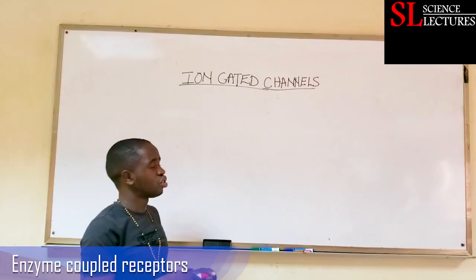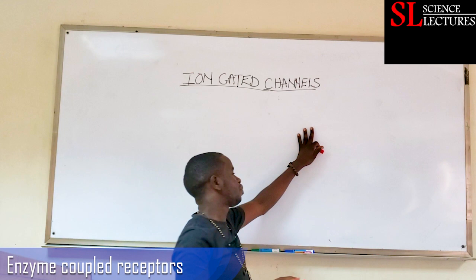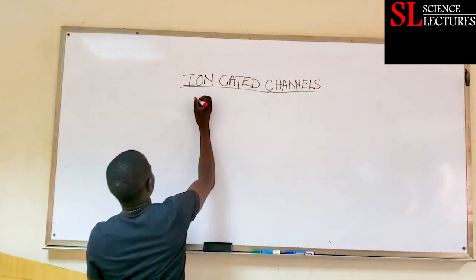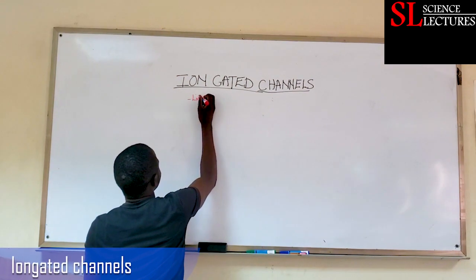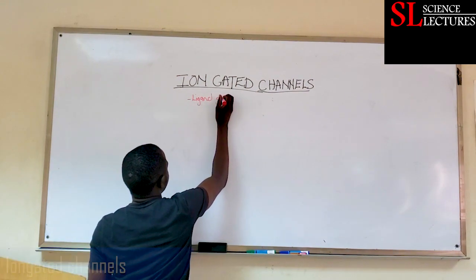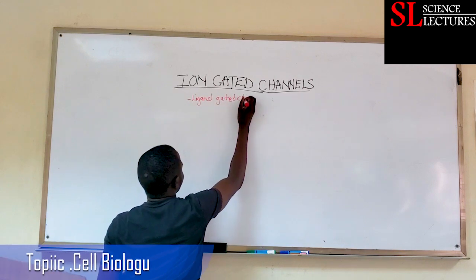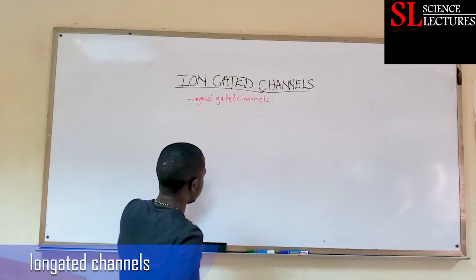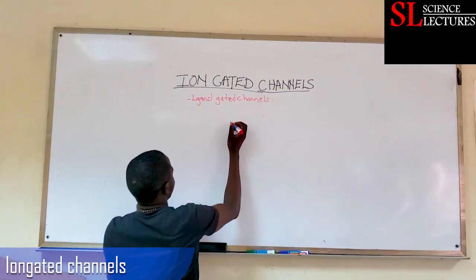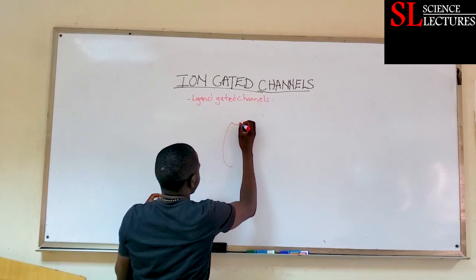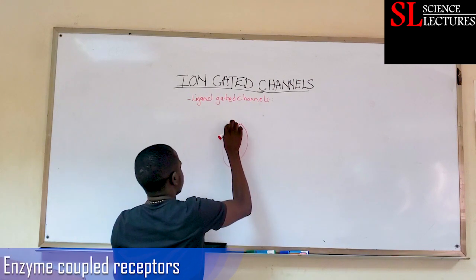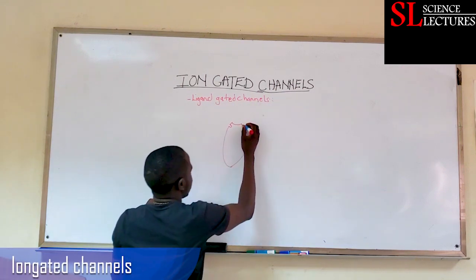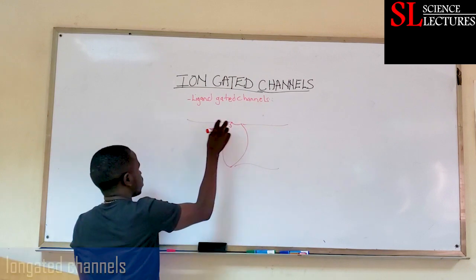So now we look at the last type of membrane bound receptors, and those are the ion-gated channels. They can also be called ligand-gated channels. So this is just as you hear, a channel. I'm assuming this is a gate, but on it there is a receptor, and this is my cell membrane.